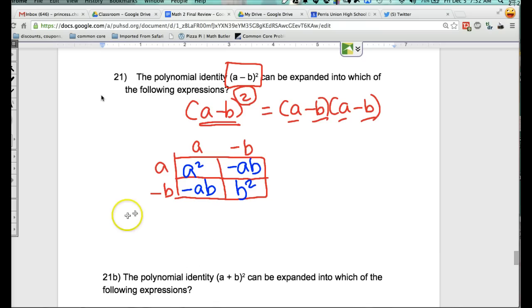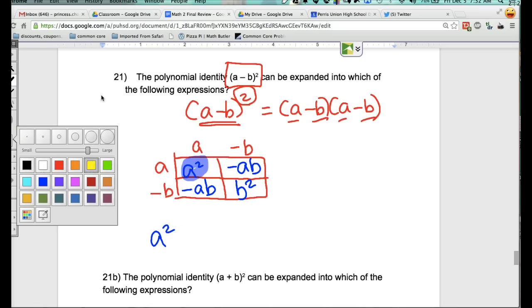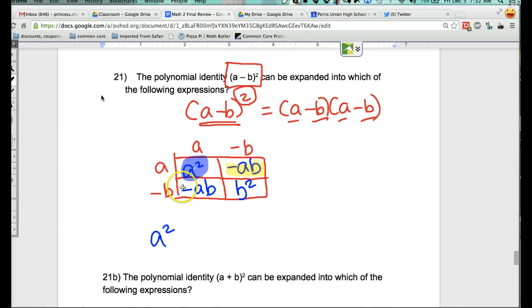If you remember, you're just supposed to write it out like this. You look at this over here. This is an a squared. Do you see anything else with a squared? No. So you're just going to copy a squared. And then next you're going to look at this right here. And what is it? This is negative ab, negative ab. Oh, they're the same, right? So I just write ab.